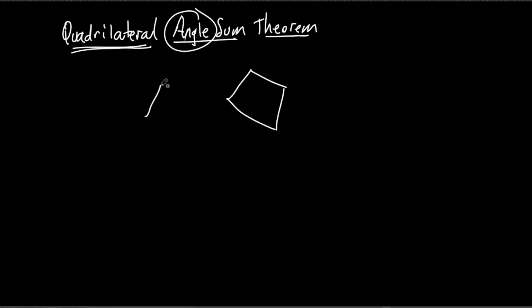But what would be a concave? Concave would be like this. Everybody see that? Because then it would go inside. So we're not talking concave, we're just talking convex. It says the sum of the interior angles of a convex quadrilateral is 360 degrees.